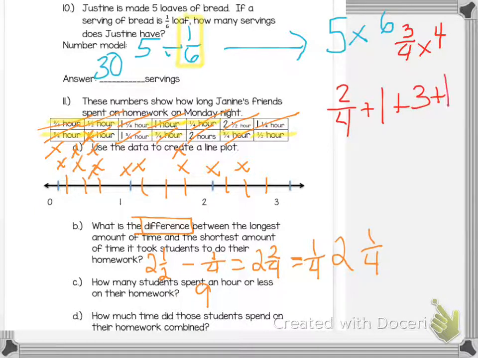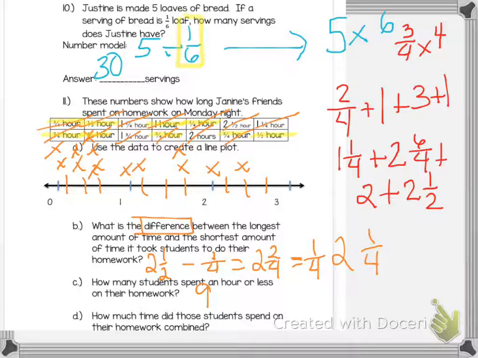Then I have 1 again. Then I have 1 and 1/4 hour. So 1 1/4 plus 2 and 6/4 plus 2 plus 2 1/2.